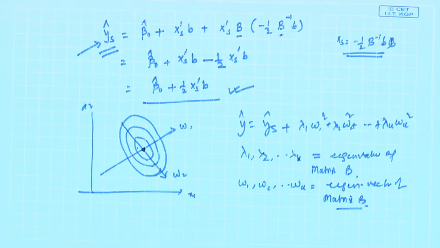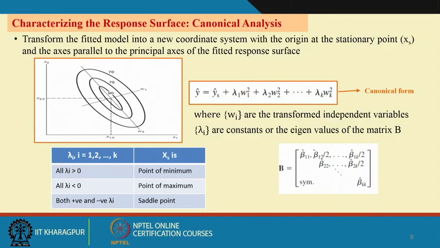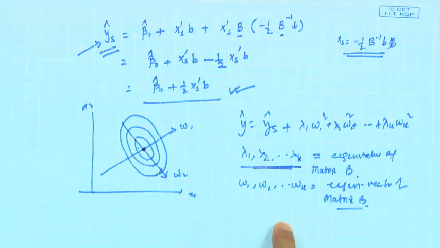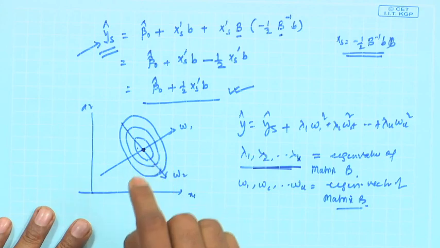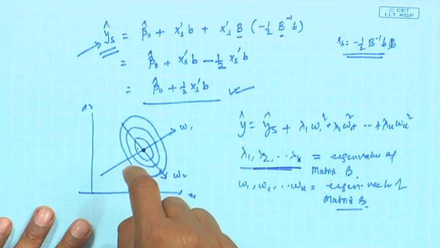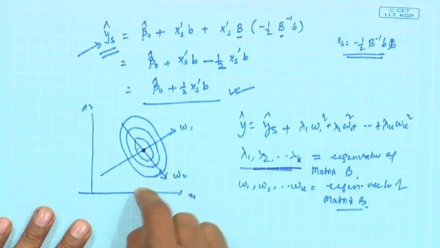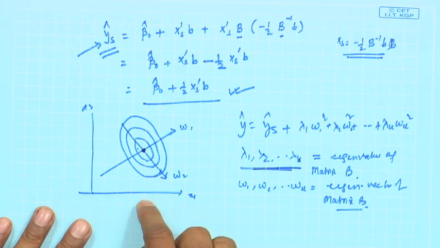Okay. So, seeing the lambda values, you are in a position to find out whether the stationary point is a point of minimum, point of maximum, or a saddle point.